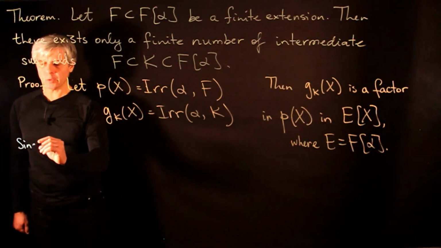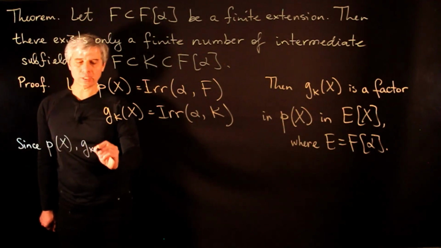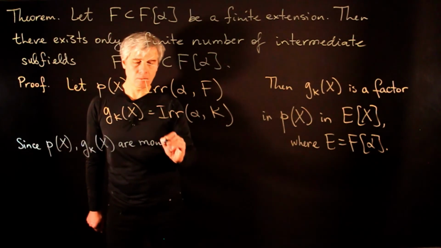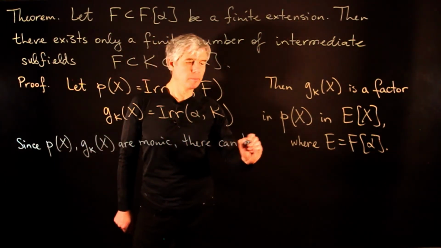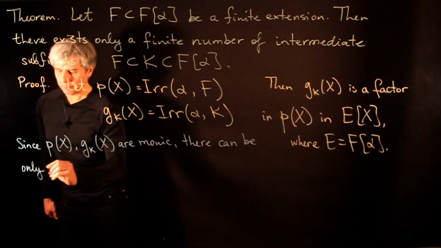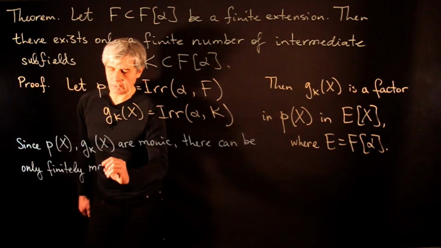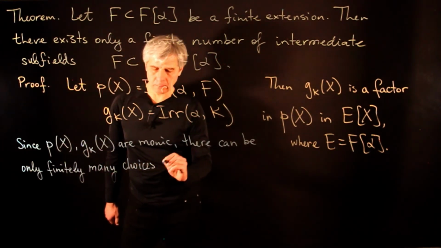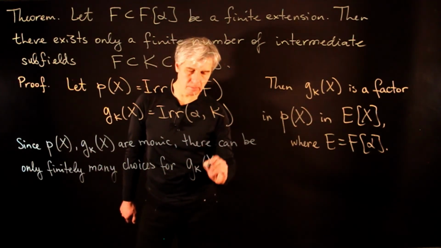Since both polynomials p(x) and g_K(x), by definition, are monic, there can be only finitely many choices for g_K(x).